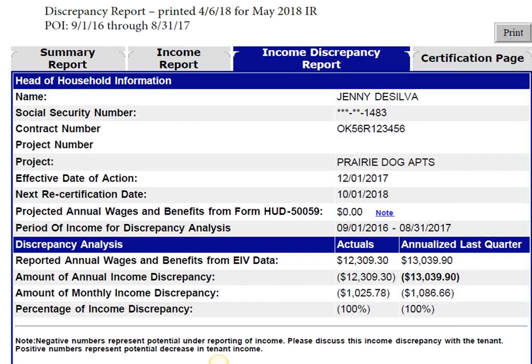Does that mean I had no income on that 12/1/17 interim? Or are there other types of income that I might have had that EIV doesn't even see? This is just the sum of EIV recognizable income. This is not something that means I claimed zero income.